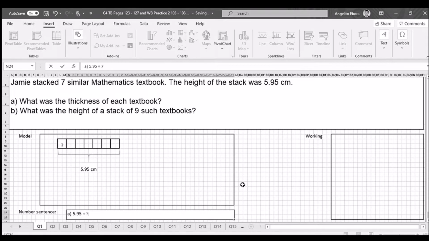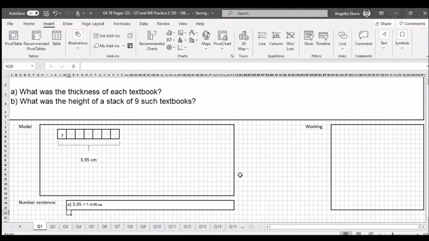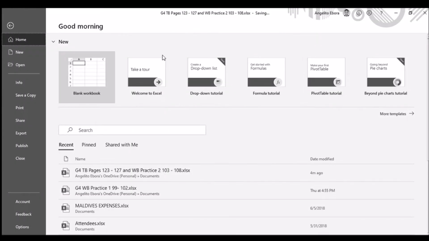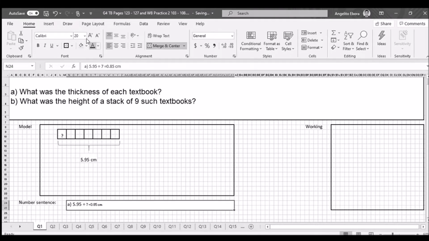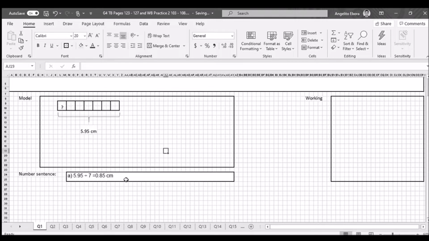When we divide this by 7, the answer is 0.85 centimeters. Right, that's for letter A.